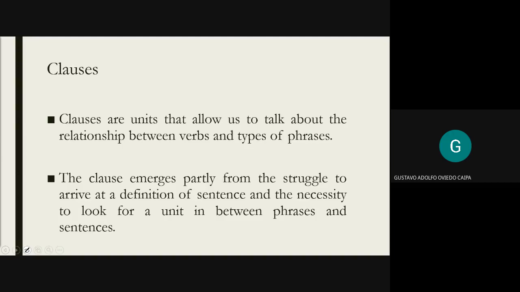It is a little bit difficult to give an exact definition for what a sentence is, and that's why linguists came up with the concept of clause. The concept of clause is going to allow us to understand the concept of the sentence.